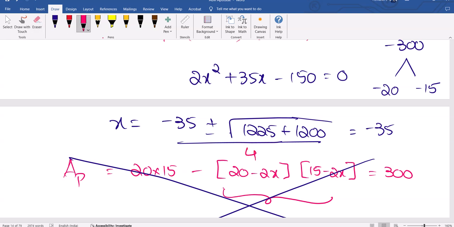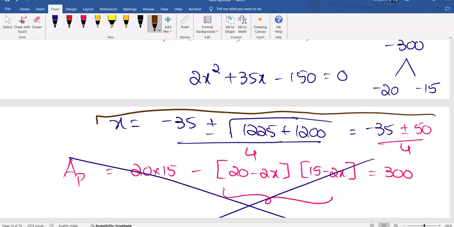Now the numerator is 2425. Square root of 2425 is close to 50, not exactly. So there is an answer, but not an integer value.